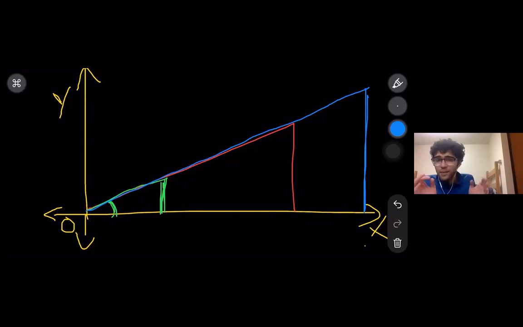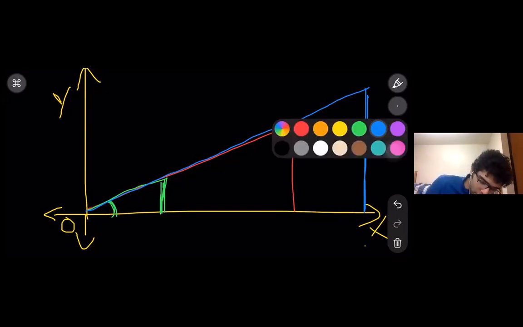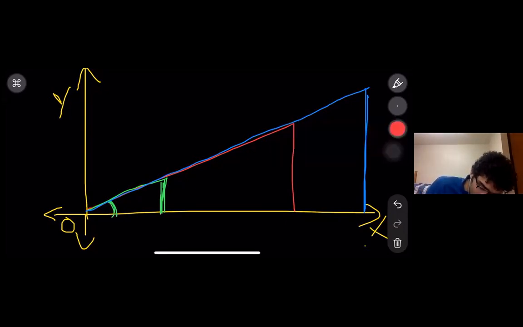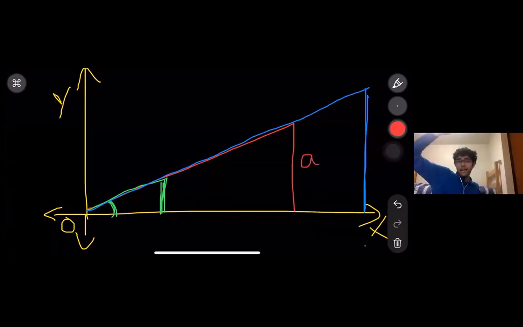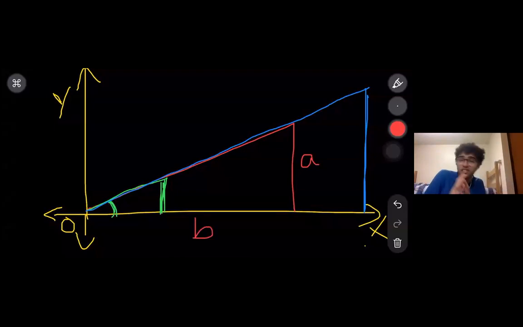It's opposite divided by adjacent. Very good. I am happy that you remember that. So if we were to calculate the tan of this angle, for all the slides it would be the same because the ratio remains the same because the angle is the same, but let's pick the red slide. If I know this value over here, let me call it A. This is the height of the slide. And this is B, which is the width of the slide.